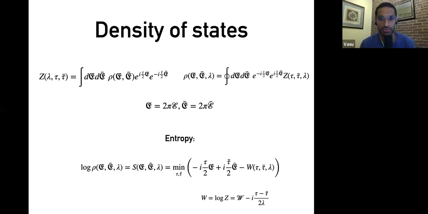What I'll actually do, though, is instead of trying to compute this in the saddle point approximation, which is one way to get the entropy, I will work out a flow equation that the entropy, that is a log of this density of states, should satisfy, knowing the flow equation that Z has to satisfy in the semi-classical limit.